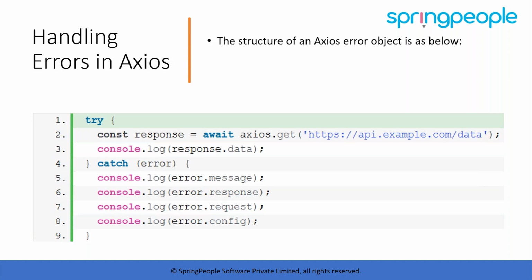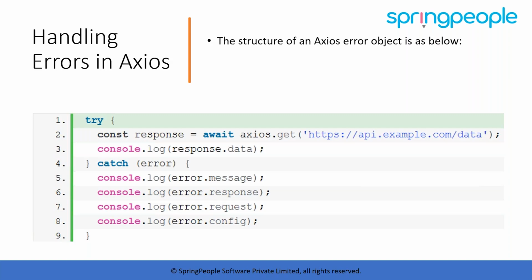Now, this error object has different parts to it. You have a response, the message that the error comes with. There is a configuration, whatever configurations for that particular error, like which is the API, which is the IP address that is responding back with an error, what is the payload that is giving a problem, etc. All of that is a part of the error object that we have, along with the response, what kind of request was sent, and which is the URL that was hit through the request.